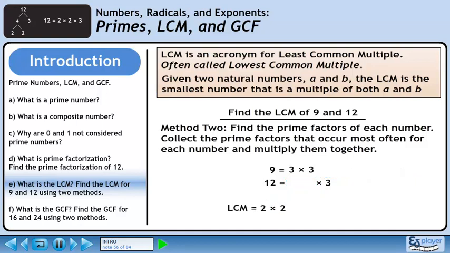Pull out both of the 2's. The number 3 occurs most often in the prime factorization of 9. Pull out both of the 3's. The product of these numbers is 36, so the least common multiple is 36. This is the same answer we got using method 1 earlier.